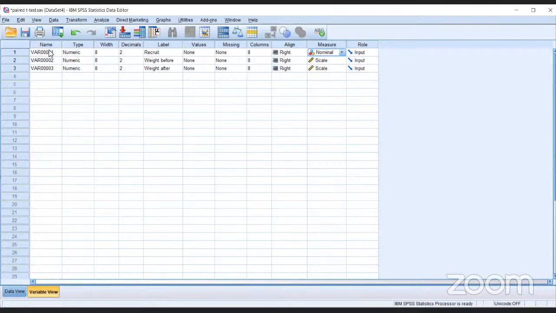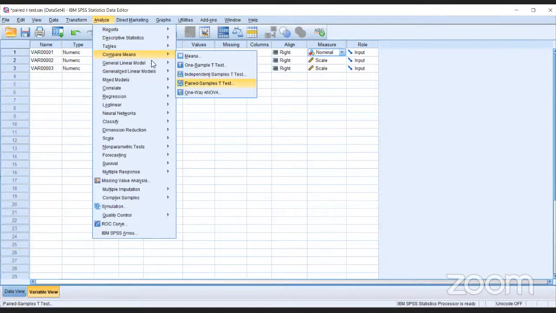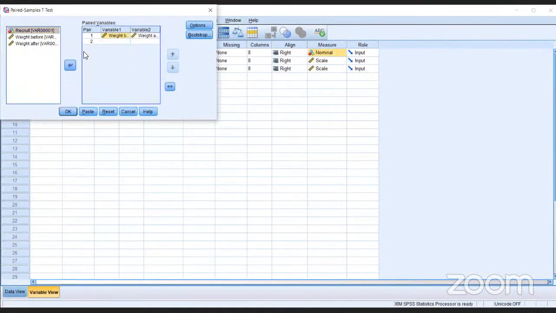Analyze, we go for compare means and paired samples t-test. It is a very simple one.